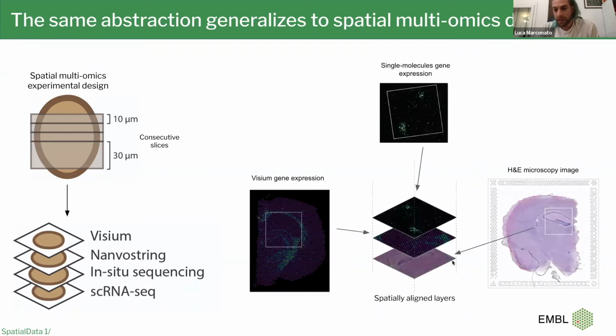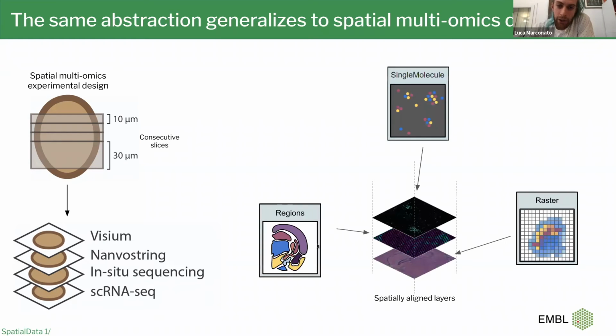This is an example that will be recurrent: the representation of a spatial multi-omics dataset with 3 aligned layers. There is a microscopy layer, there is a purely Visium expression layer, and then there is a MERFISH layer. So this is a raster object, this is a region object, and the top one is a single molecule object.